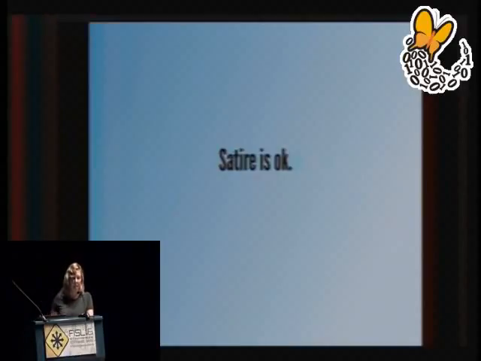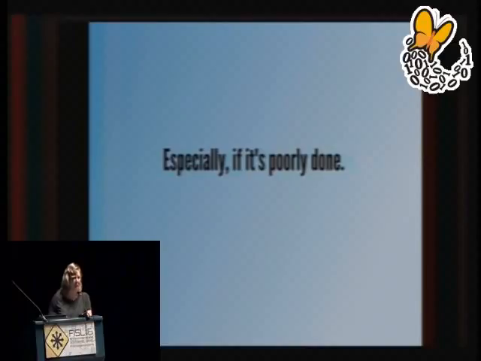So satire is okay. Even if it's kind of poorly done. Maybe especially if it's kind of poorly done. So if you want to talk about someone, whether it's positive or negative, you can use their name and their trademark to do so, like for news or for jokes or just for cheap laughs in your presentation.